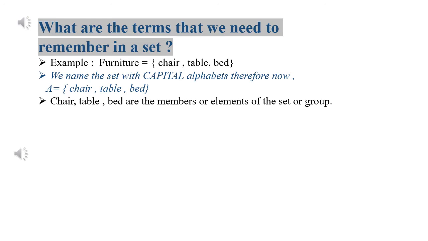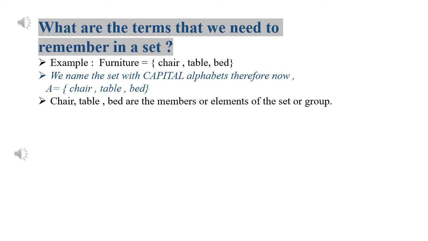Now here, can you see the name of the set was written as furniture? But every time you can't have such big words given as the name of the set. So here we usually name a set using a capital alphabet. So instead of writing furniture, I can just write capital A, which is equal to chair, table, bed.